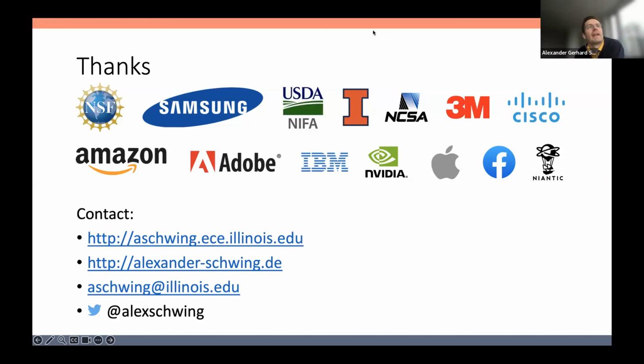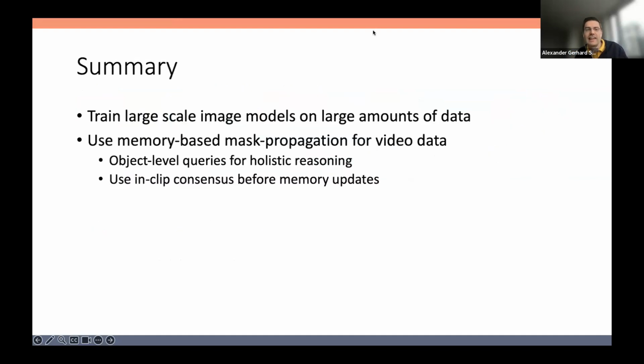Right, great question. So I guess you're absolutely right that particularly for video data, dense annotations are very hard to come by. And that's, I think, what I try to emphasize as part of this talk: while we can afford to train image models on large scale data, maybe we should approach the video problem by these mask propagation formulations.